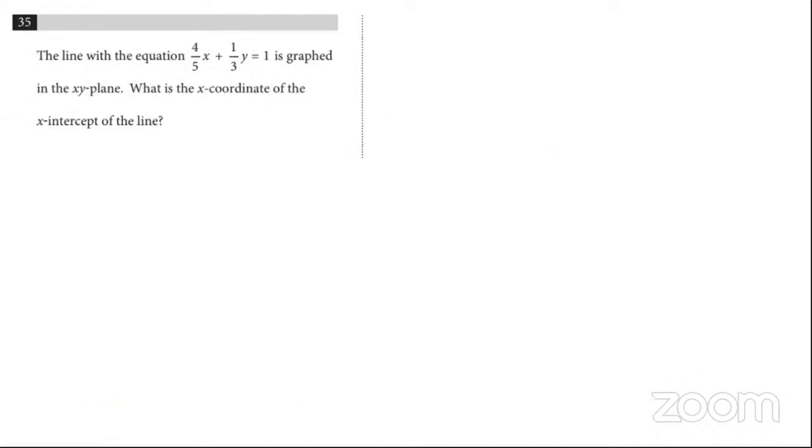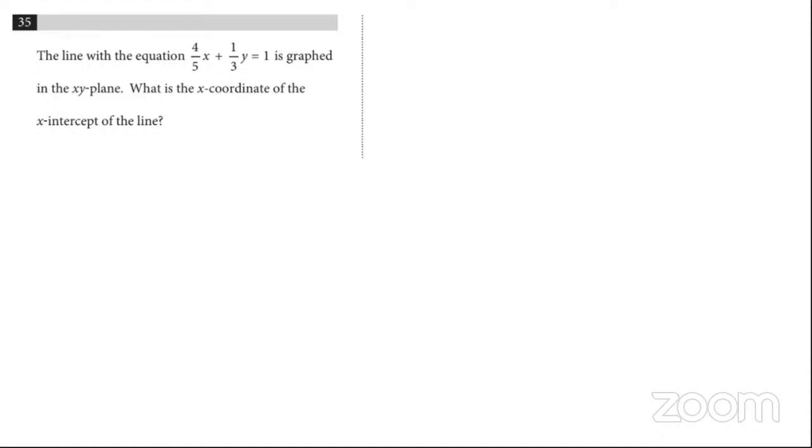So, we are given a line with the equation 4 by 5x plus y by 3 equal to 1 graphed in the xy plane. And we are asked to find the x coordinate of the x-intercept of the line.